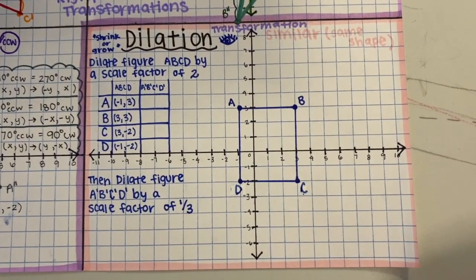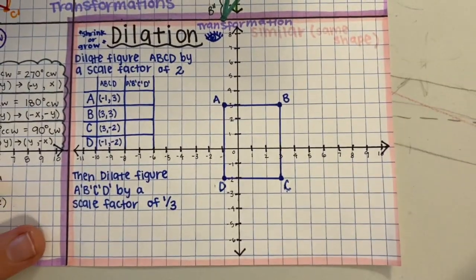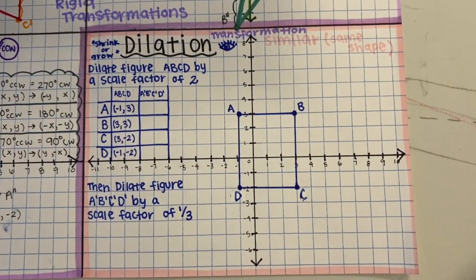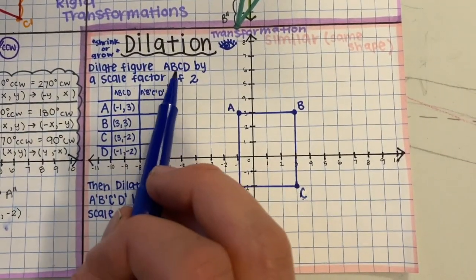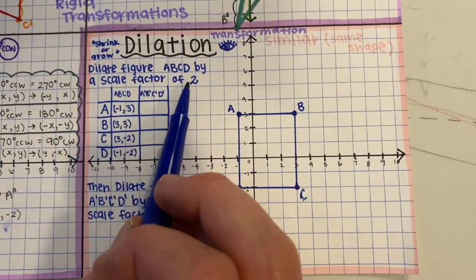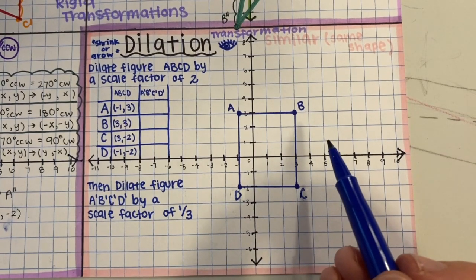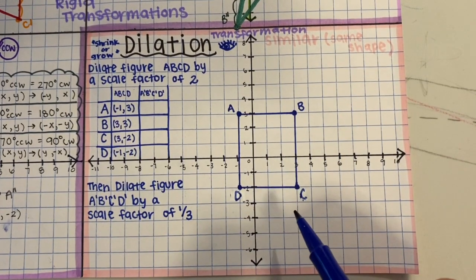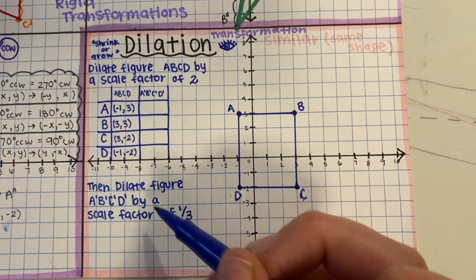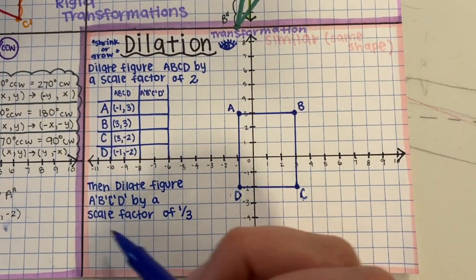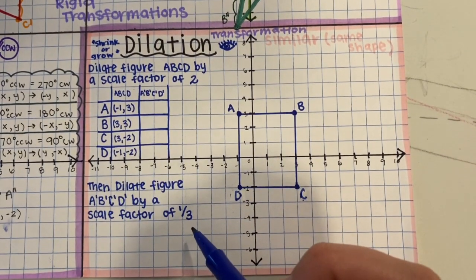Okay. So we've got dilation. If we're dilating figure ABCD by a scale factor of 2, we're just going to be making this bigger. Then we want to dilate that new larger figure by a scale factor of 1/3.